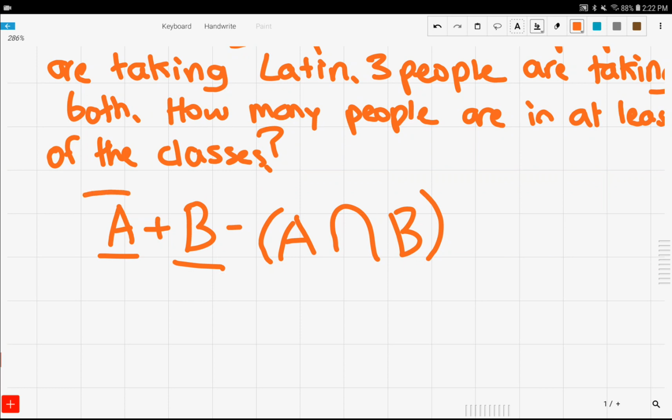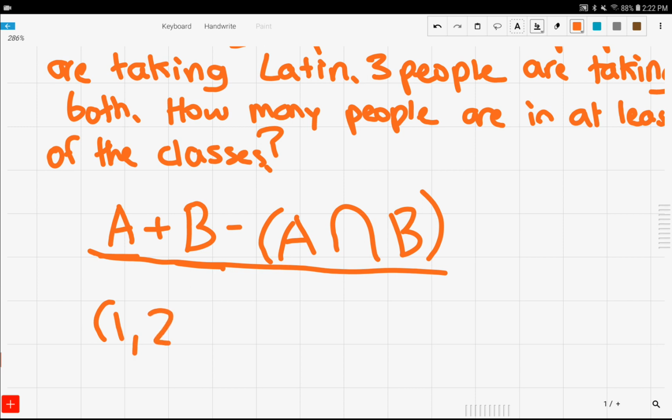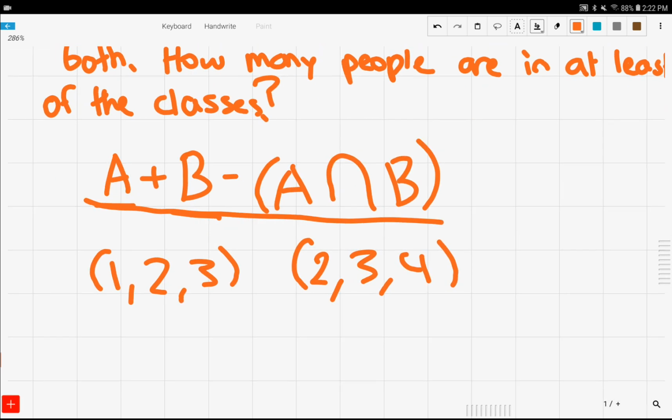So at least in A or at least in B. This formula just basically denotes how to find it, where this upside down U right here is the intersection of the sets A and B. So say our set A is 1, 2, and 3. And our set B is 2, 3, 4. So the intersection of A and B would just be 2 and 3, because those are the ones that they have in common.